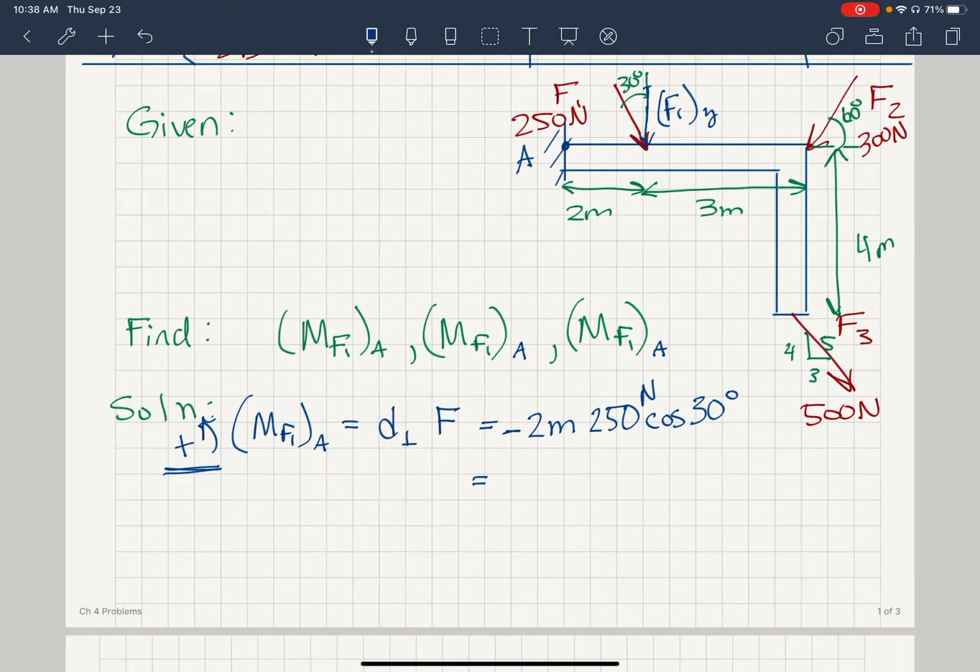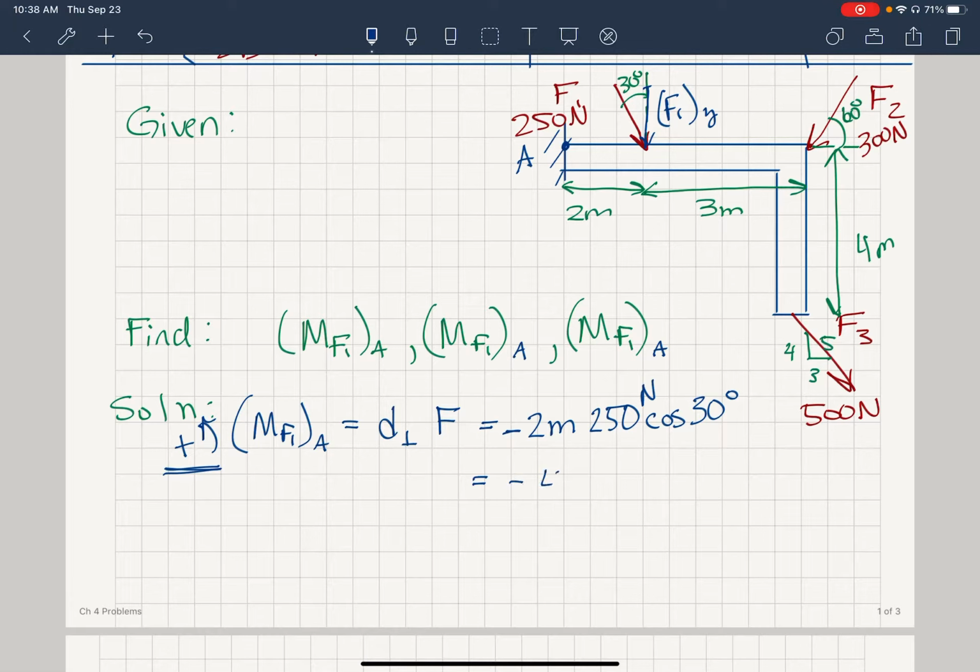So we just need to do that. So I'm going to calculate that. I get 433 Newton meters.